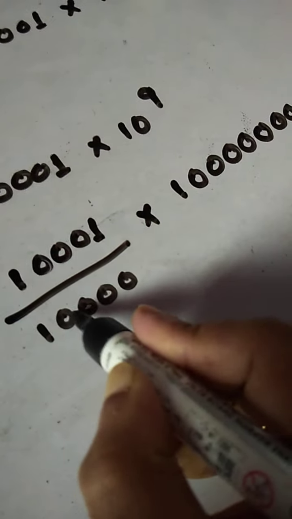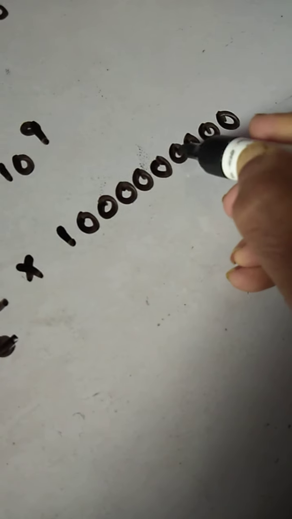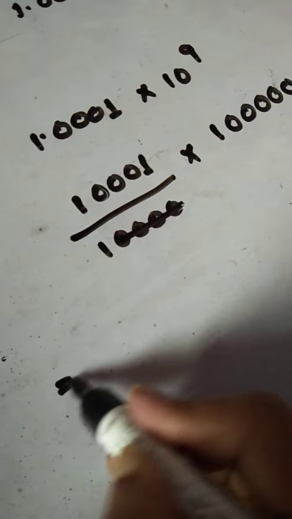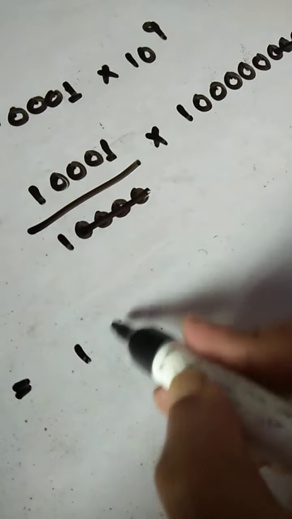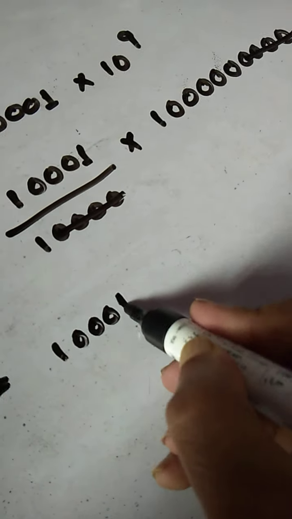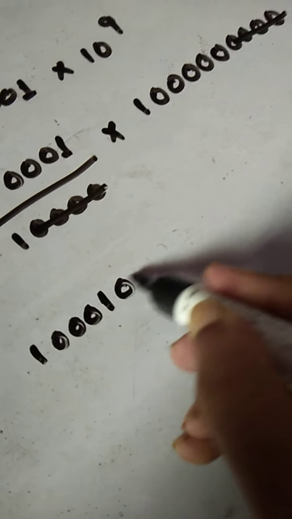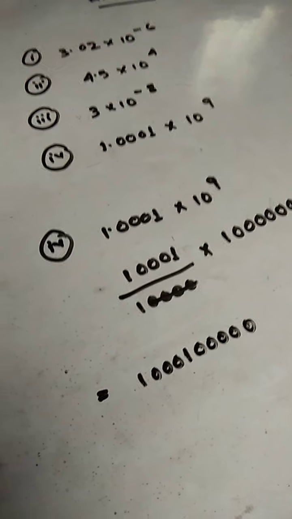Now these 4 zeros and these 4 zeros will be cancelled. Just multiply it and give your answer: 1, 0, 0, 0, 1. And how many zeros are left? 1, 2, 3, 4, 5. So this is your required answer. As simple as this.